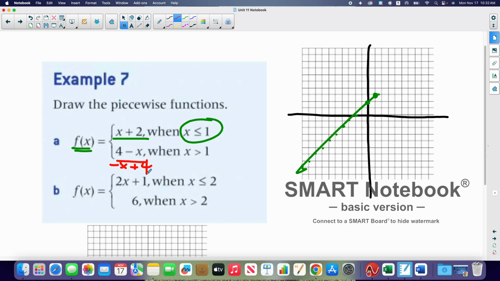I do have a negative slope, down 1 over 1. So I've got a y-intercept right here, 4. I'm going to count down 1 over 1, so I'm going this way, and I am using the right side since I'm greater than. Technically, there would be an open circle right there, and I would draw there. Now, what happens to that open circle in this case?